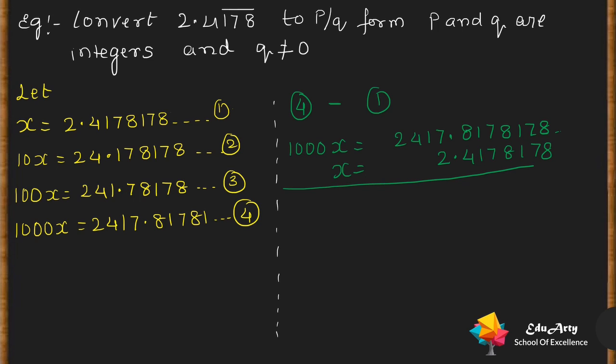This also will get in decimals. Okay, so what you will get here, this will be 999x is equal to, this is going to be 241, this will be 5.8 minus 4, that will give you 4, and then again it will all be 0. So we can clearly say that 999x is equal to 2415.4.